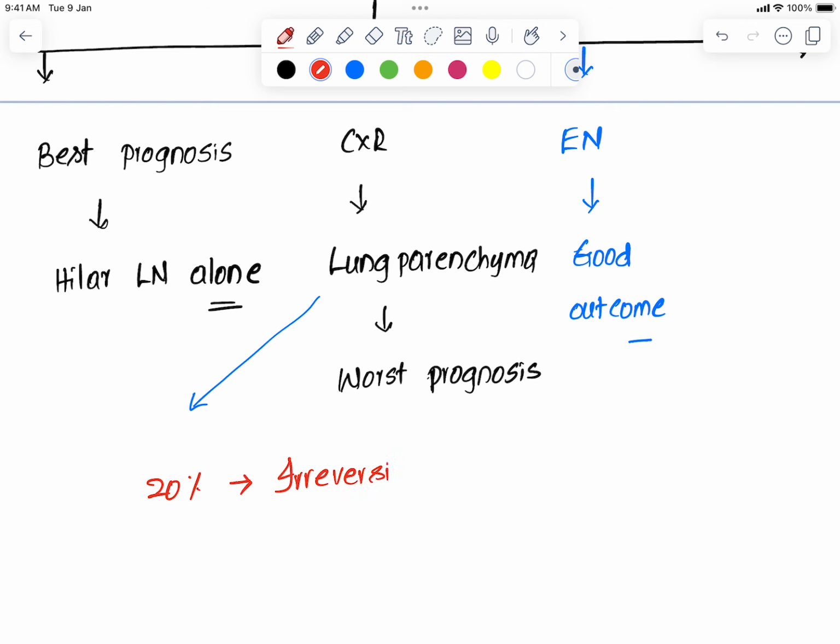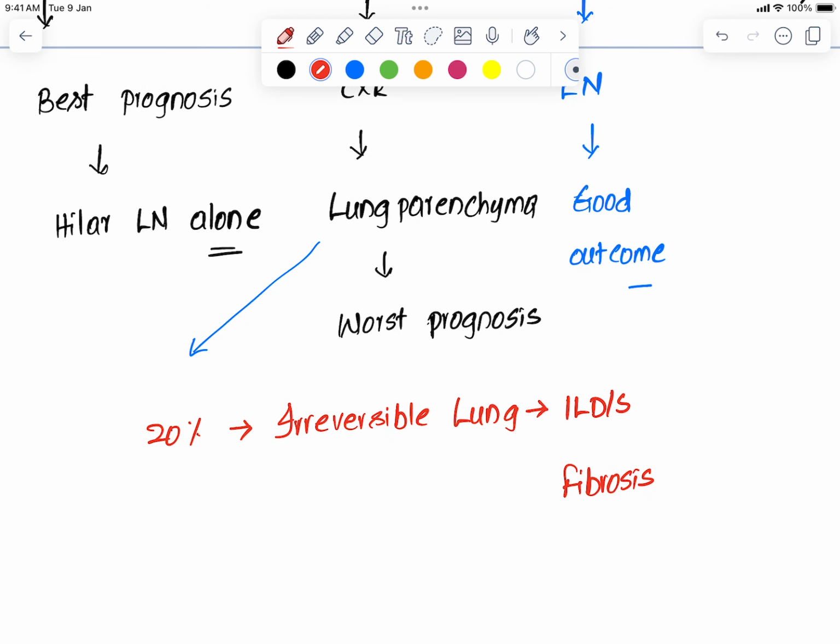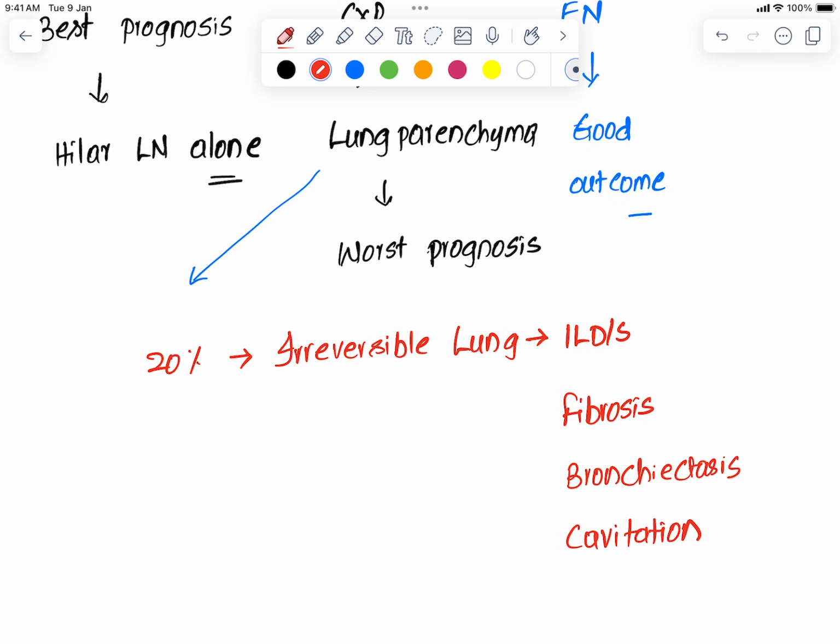And that irreversible lung involvement will be in the form of interstitial lung disease, fibrosis, bronchiectasis, and finally cavitation. So these will be the pulmonary complications.